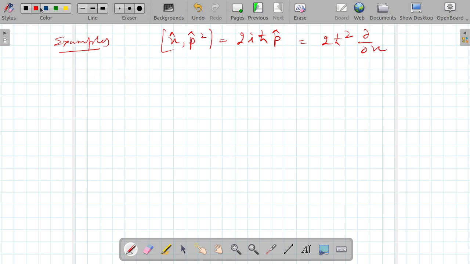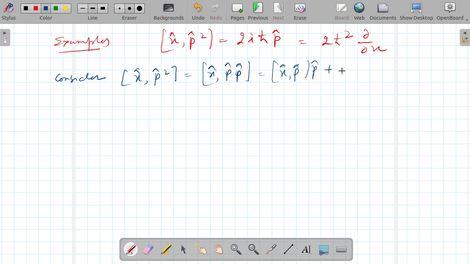So consider this, and this can be written as [x, pp], and it can be written as [x, p]p plus p[x, p], from the earlier identities or properties of these commutators, I can express this in this manner.